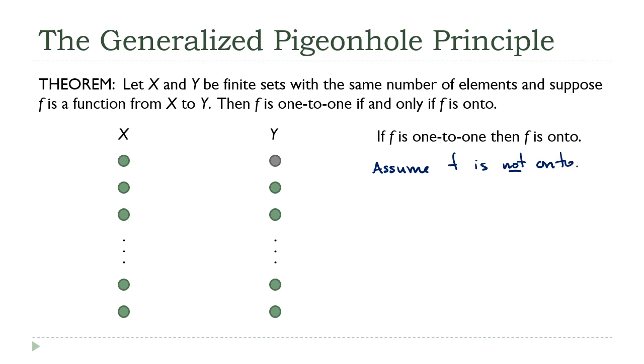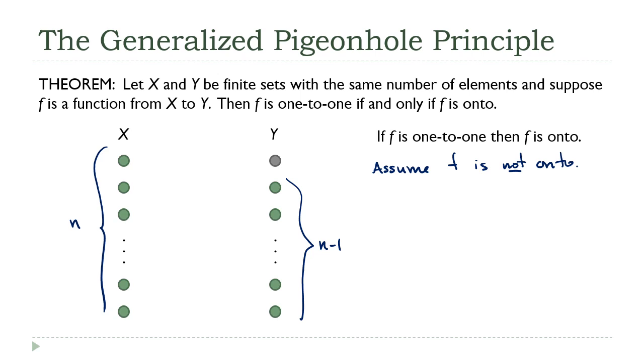That grayed out one I'm going to take out of the mix. So we're going to take all the elements from x and map them into the elements that are left on the y side. What do I have going on numerically? Well, if x has n elements, then I'm mapping that into now n minus 1 elements.